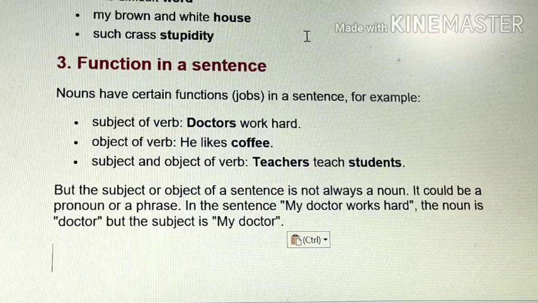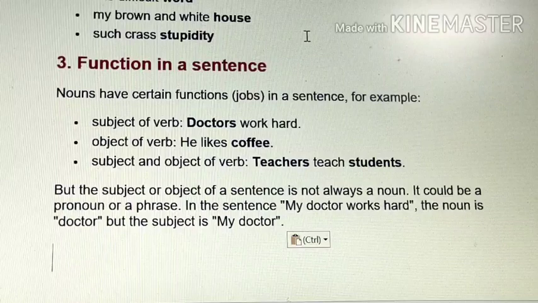Okay, but the subject or object of a sentence is not always a noun. It could be a pronoun or a phrase. That is also a very important point that should be kept in your mind. What I have said does not mean that all the subjects are nouns and all the objects are nouns. No, not at all.